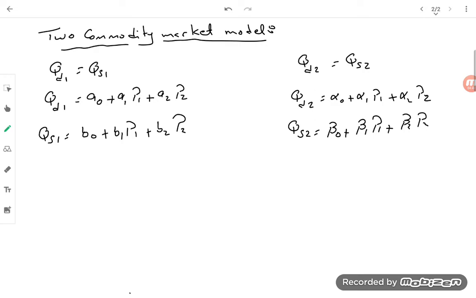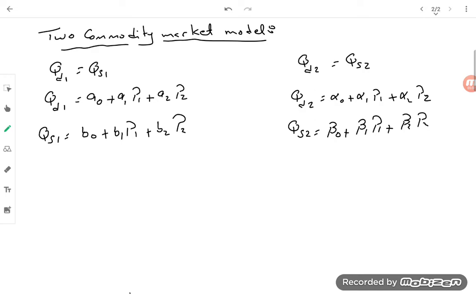Now we would like to find equilibrium in both markets. As a first step, we have to eliminate variables by substituting the second and third equations into the first one.